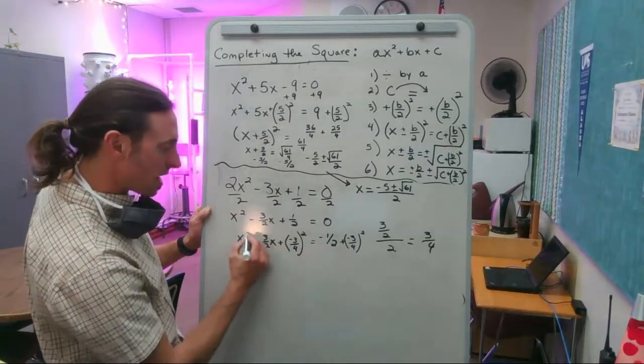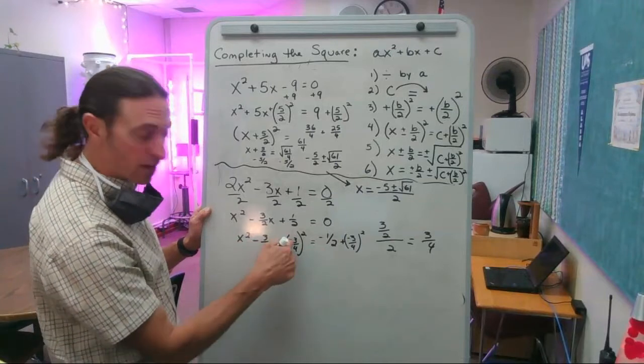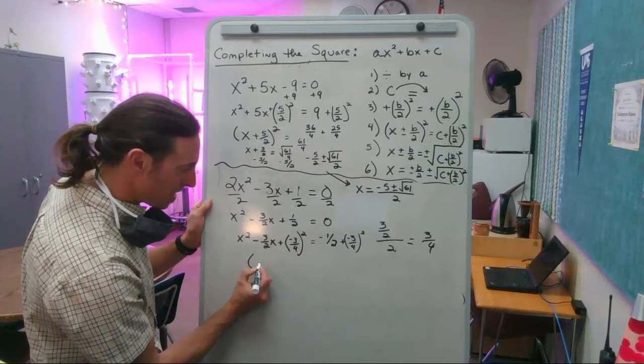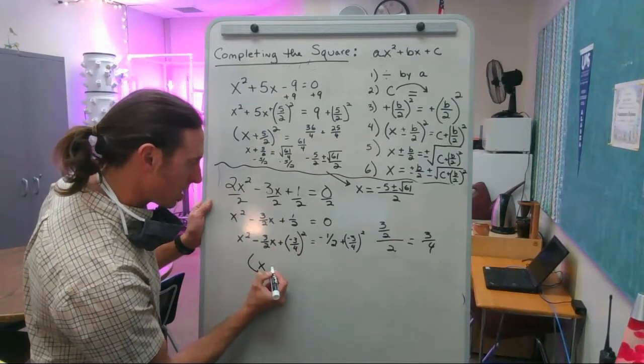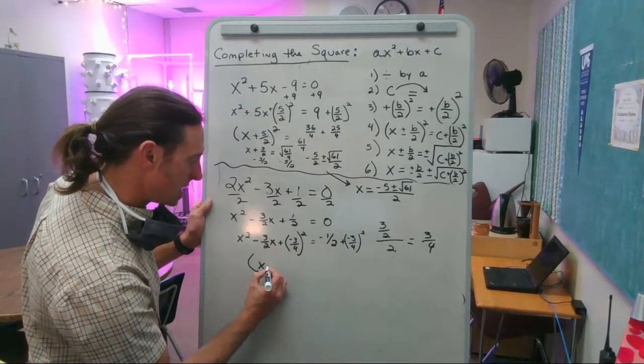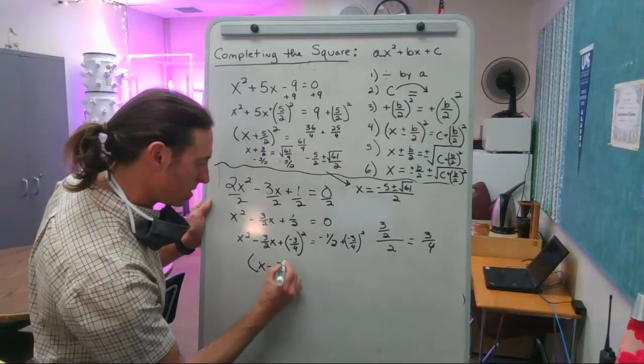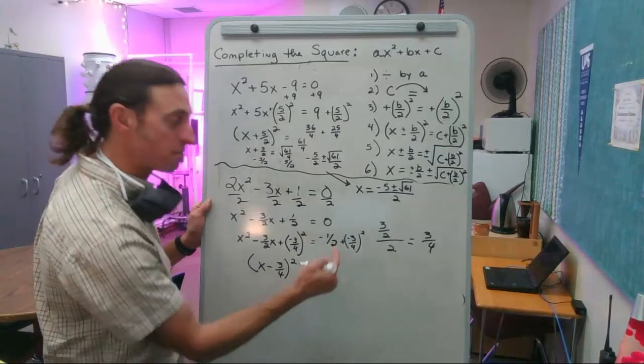So now I'm going to factor this out. Again, leaving it in parentheses makes it really easy to see what the factor is. It would be x minus 3 over 4 squared. And now let's clean up this side.